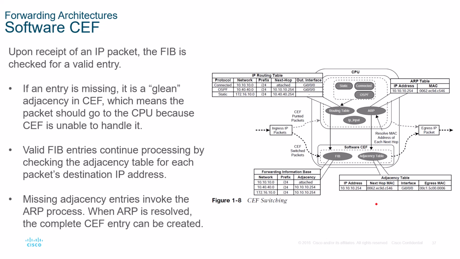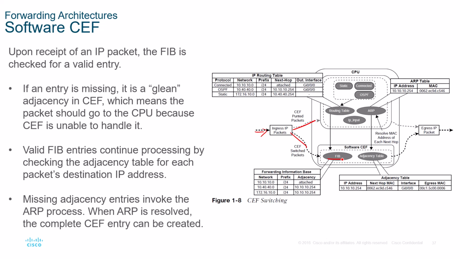So here is our CEF switching based off of software. Ingress packet comes in. The ingress IP packet needs to be reviewed and is sent either to the RP or to the CEF. Here, if it's software CEF, we can look through the FIB.